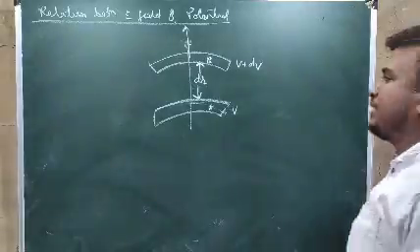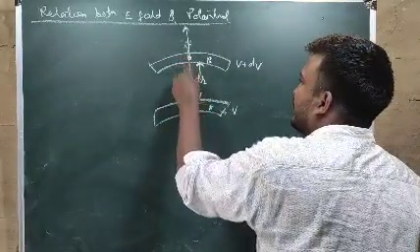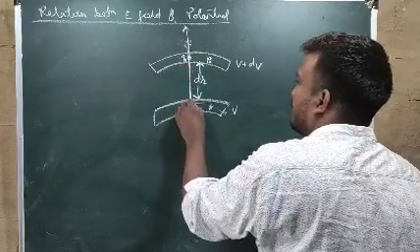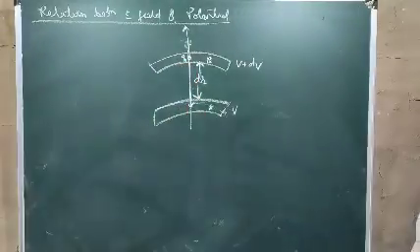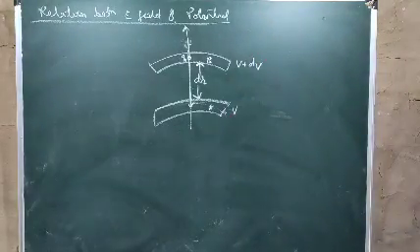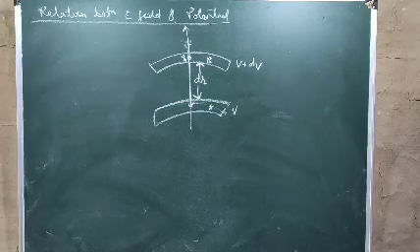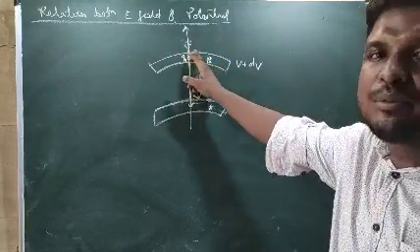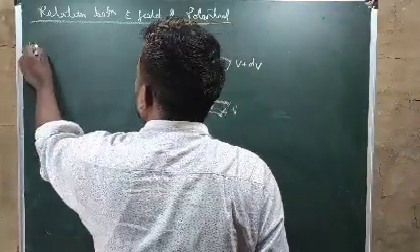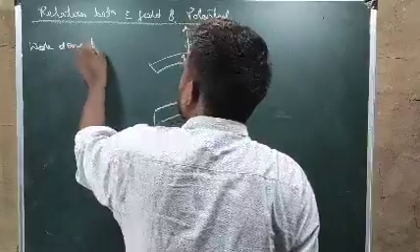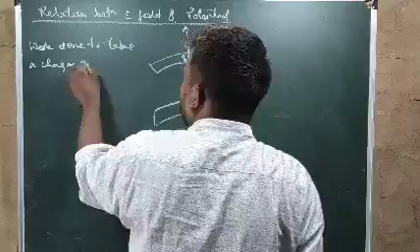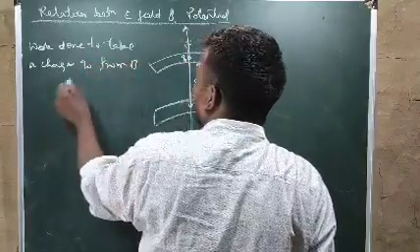Now if you take a test charge Q naught from surface B to A, where on this surface the potential is V and on this surface the potential is V plus dV, what will be the work done to take the charge Q naught from B to A?